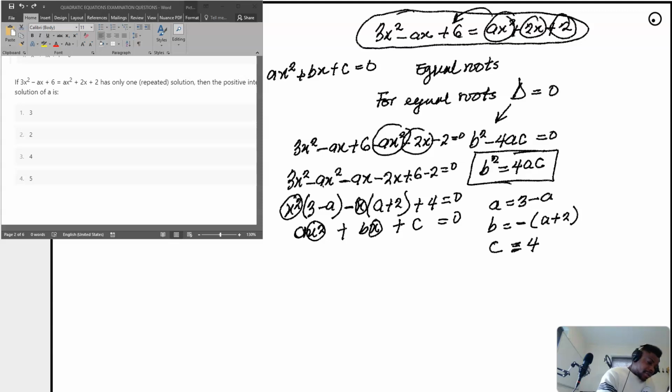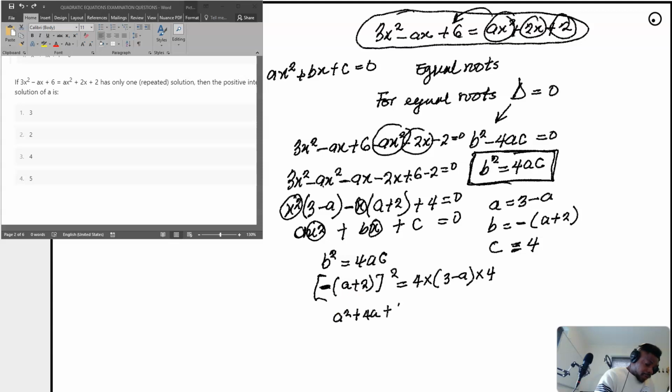So in this case, we apply this formula, b squared equals 4ac. My b is minus bracket a plus 2 squared is equal to 4 times a, which is 3 minus a, then c, which is 4. So if I open the bracket here, a squared plus 4a plus 4 is equal to 16 bracket 3 minus a.